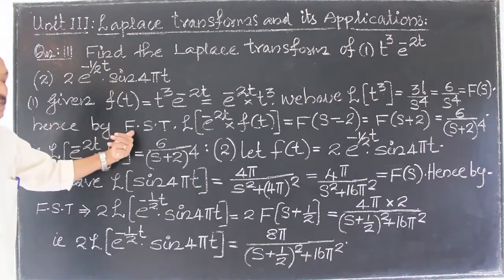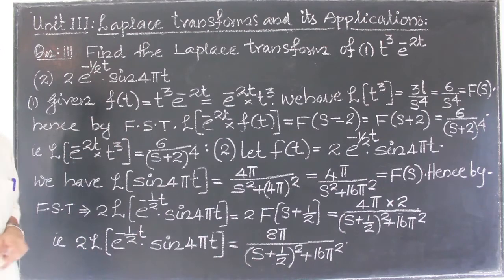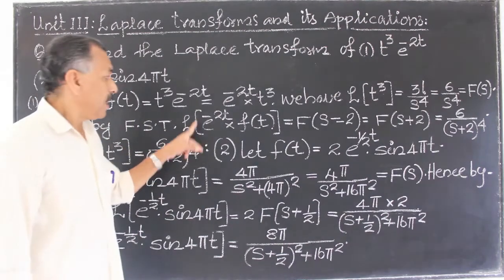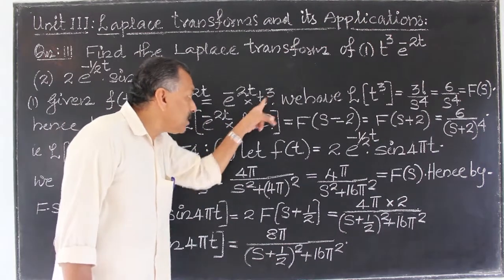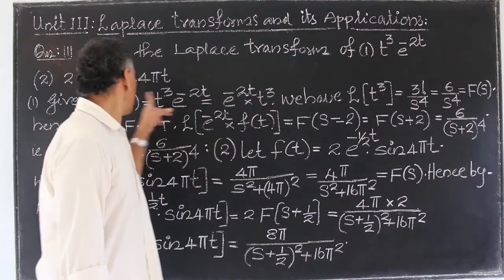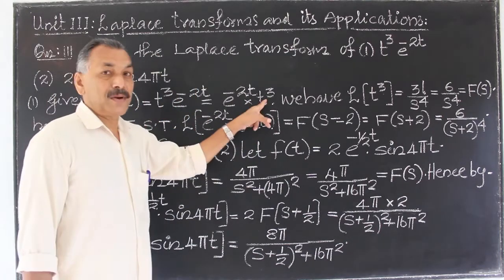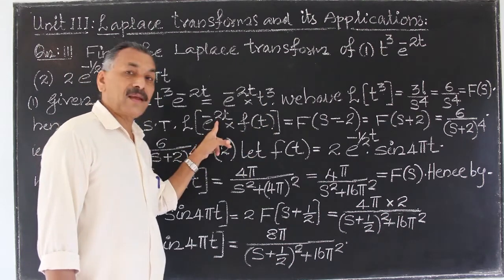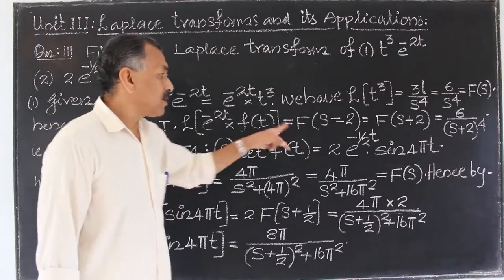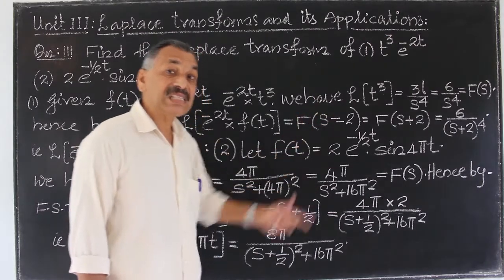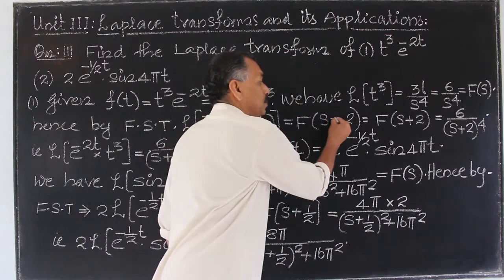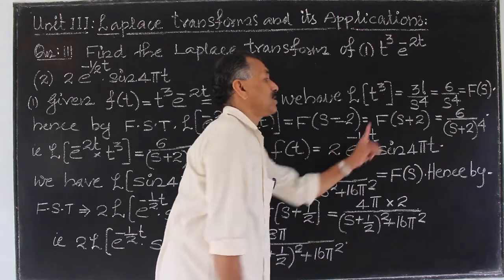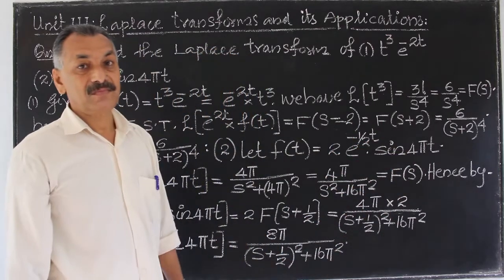Hence, by first shifting theorem, FST, L of e raised to at into f of t. Here the property of first shifting theorem, but a is minus 2, that is F of s minus a, that is s minus minus 2, s plus 2.